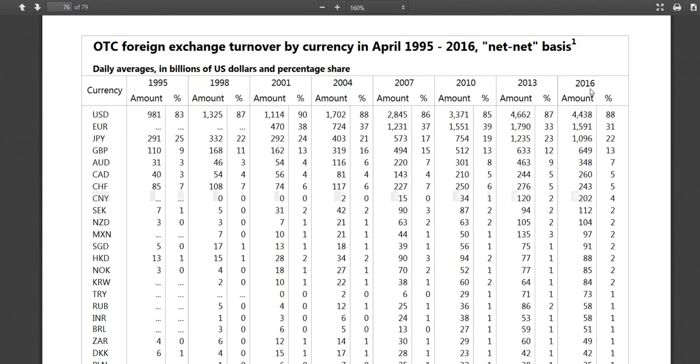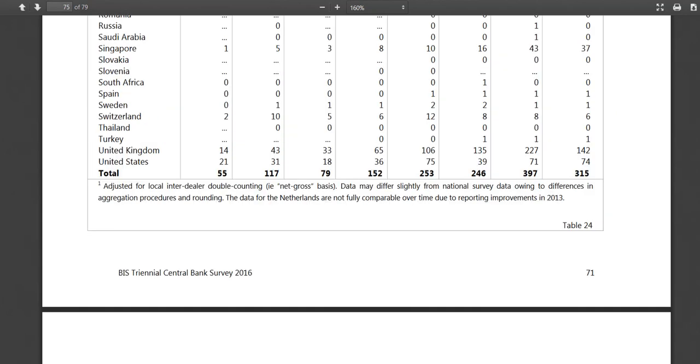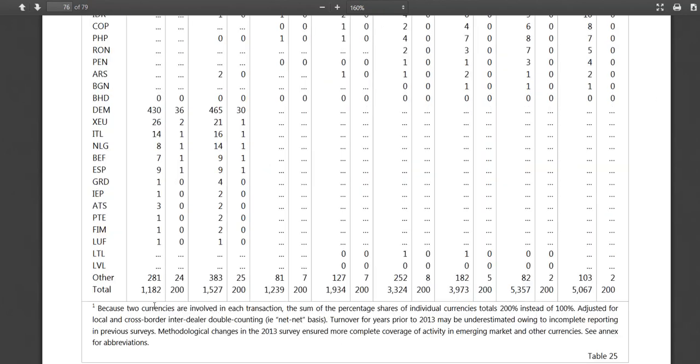Now, it's also worth comparing the total amount traded on a daily basis. In 1995, the total amount of transactions in the foreign exchange market was about $1.2 trillion daily, and these days it is about $5 trillion daily.